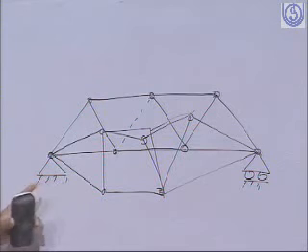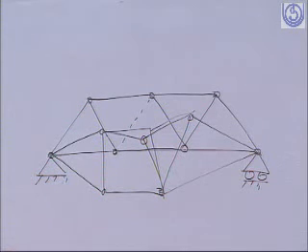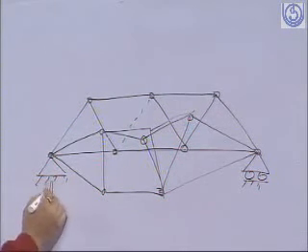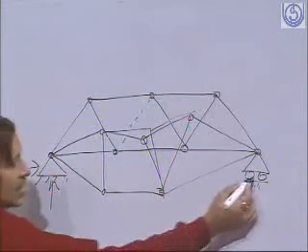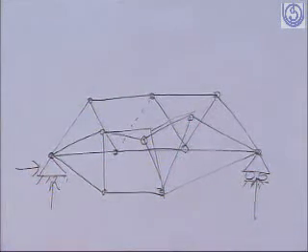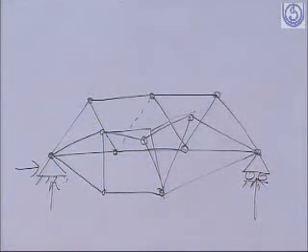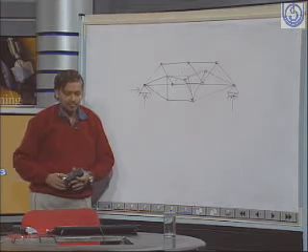So though the structure is externally stable, it has got constraints in 3 directions for a plane, and it is sufficient to restrain it externally for any movement, but the structure is unstable internally.